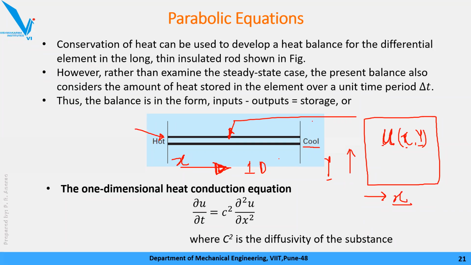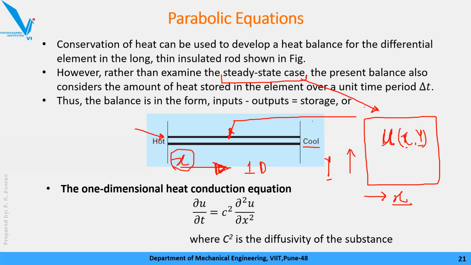Now coming back to the parabolic equation, as you know this is a partial differential equation, that means there will be two independent parameters. One is x, and where is the other one? If you look at the problem statement, if you study steady state conduction, it belongs to the elliptic equation.